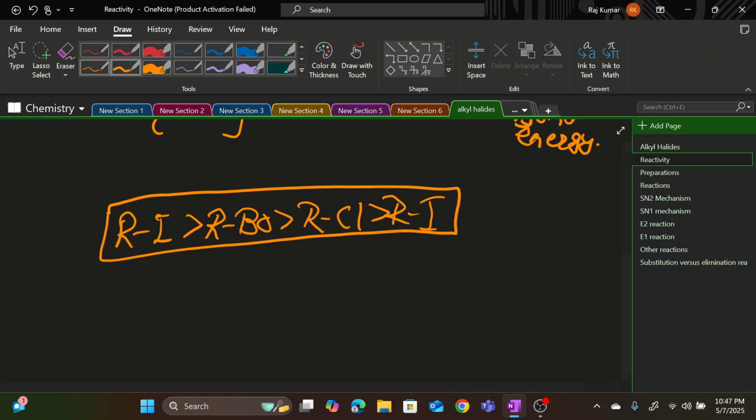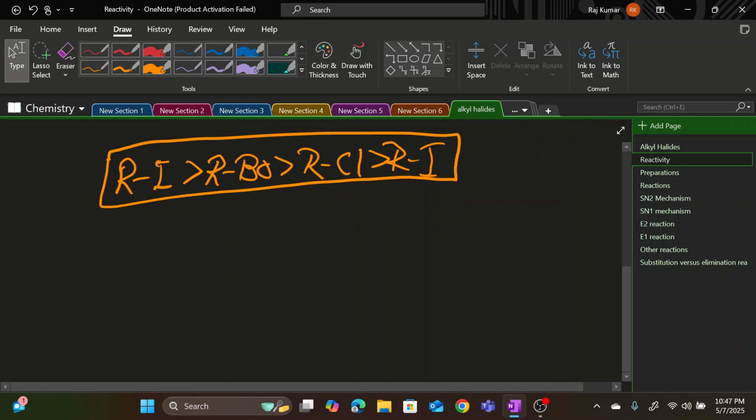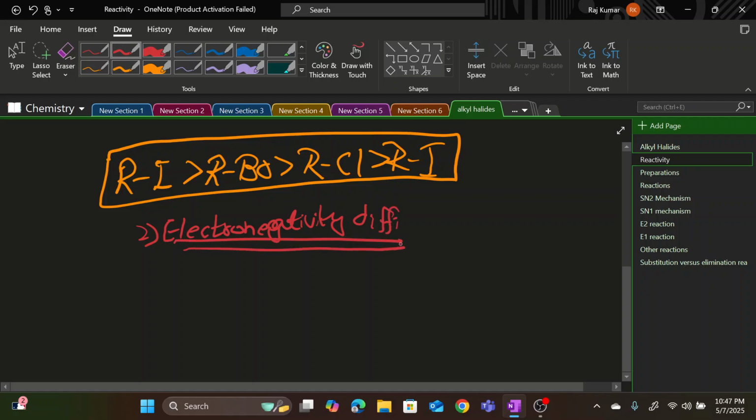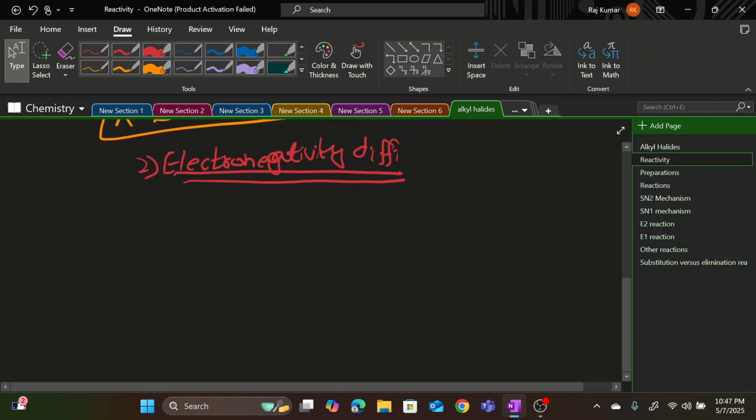After that, we have another factor to be considered: electronegativity difference. The electronegativity difference is highest between carbon and fluorine, due to which in the carbon-fluorine bond, carbon becomes the most partially positive and fluorine the most partially negative.